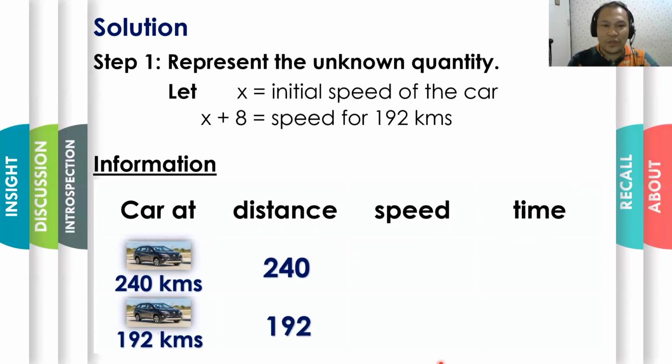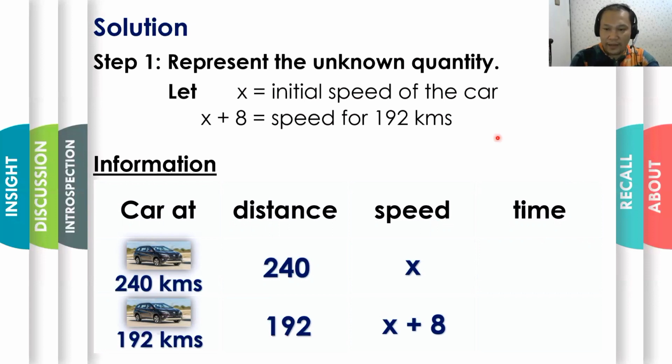Since we do have the representation, now we can write our speed for 240 kilometers as x, which is the initial speed of the car. And then we have x plus 8 as the speed for 192 kilometers, since it was stated that the next 192 kilometers were at 8 kilometers per hour faster than its initial speed.